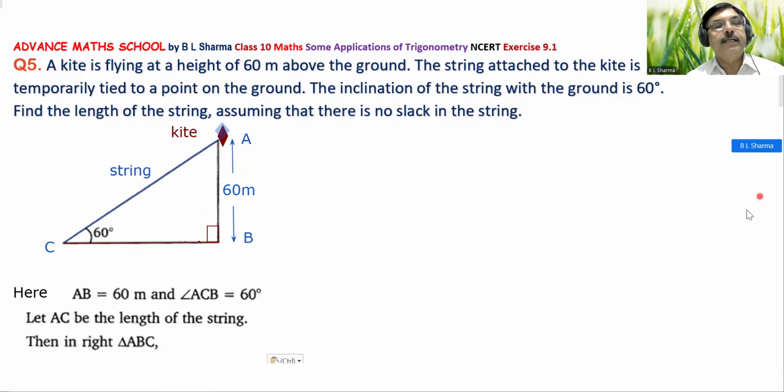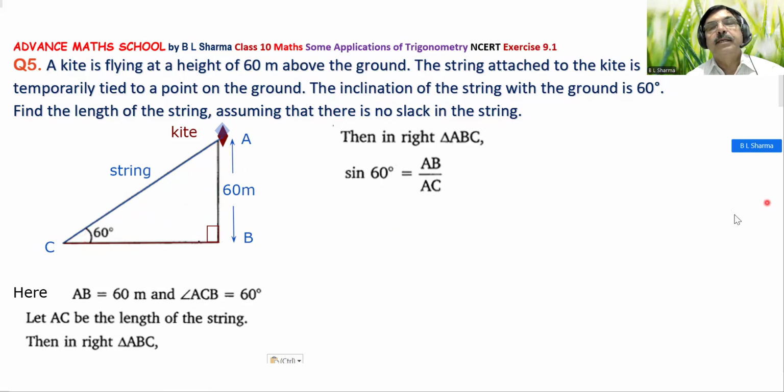Therefore, in the right angle triangle ABC, AB upon AC, this AB for 60 degrees is perpendicular, AC is hypotenuse. So perpendicular upon hypotenuse is sine, and this acute angle is 60 degree, sine 60 degree.